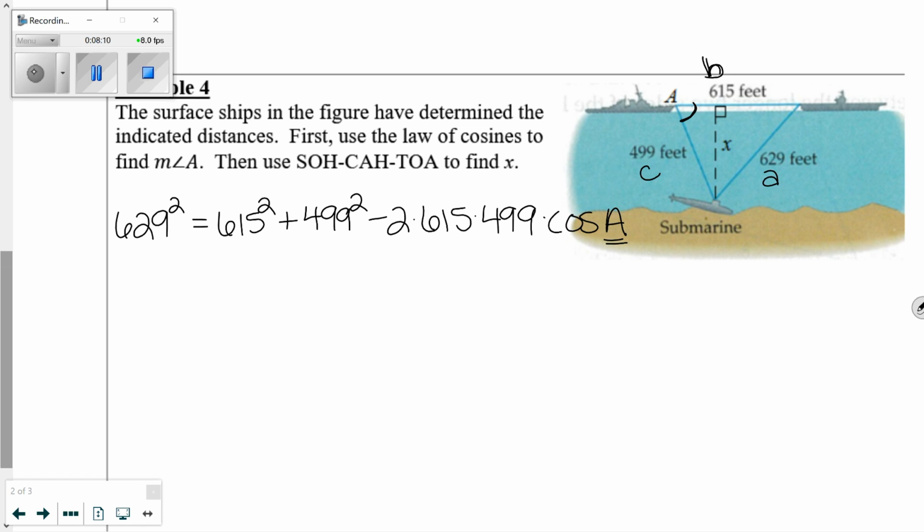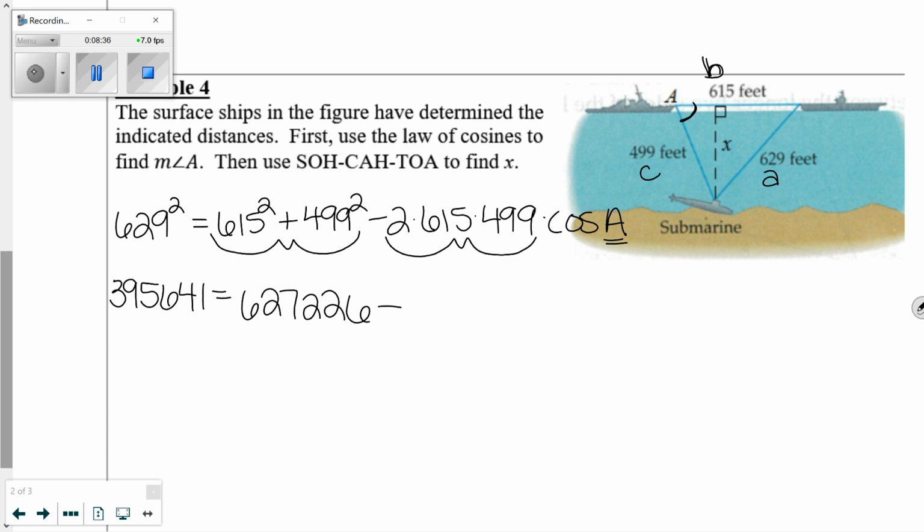Now, one way you can simplify your steps and not make them so many is by squaring this number here, and then in your calculator, you can do this part right here all together. So then we end up with 627,226. And then in our calculator, we can do that part right there, so 613,770 times the cosine of A. So that'll shorten it a little bit.